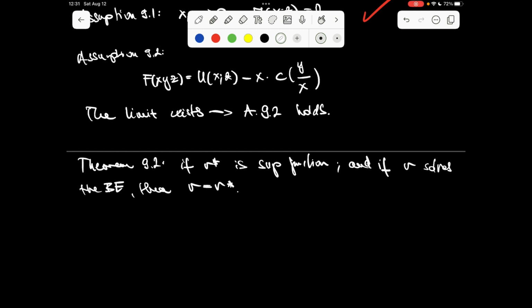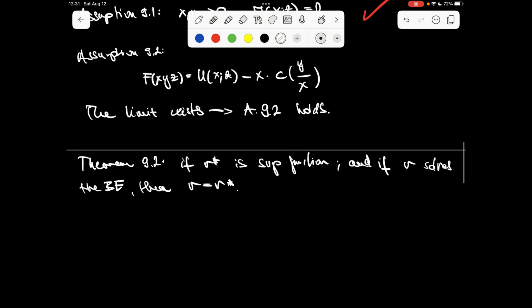So once again, the plan solution to the Bellman equation attains the supremum in the sequential problem.